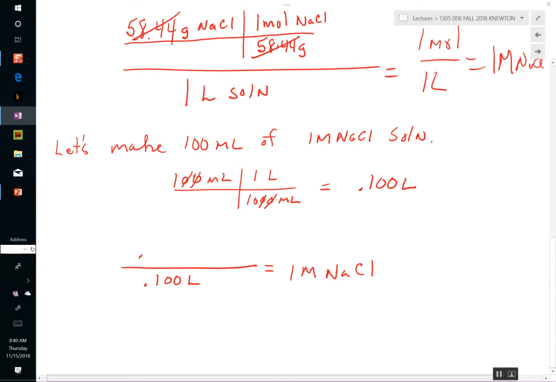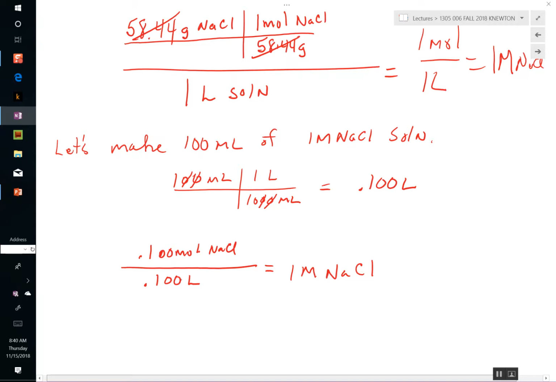If I had 1/10 of a mole of sodium chloride in 1/10 of a liter of solution, right? 0.1 divided by 0.1, any number divided by itself is 1. That would be 1 molar.